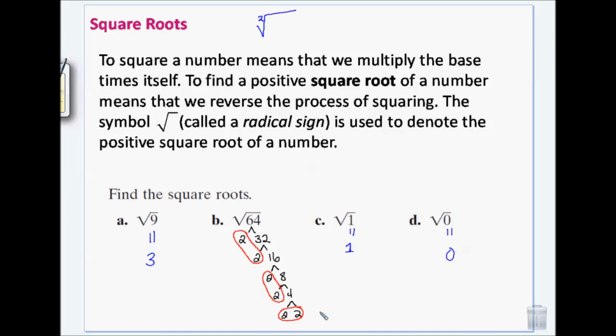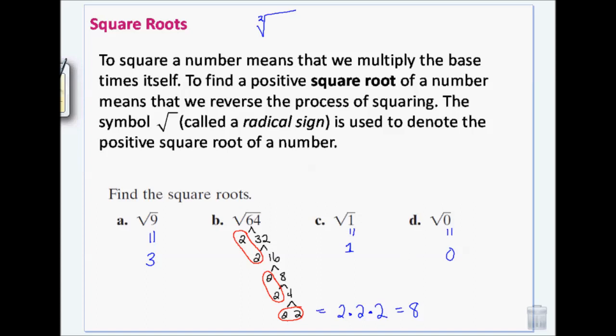So my answer is going to be 2 times 2 times 2. You take out 1 for each matching pair. So if you didn't know that the square root of 64 was 8, you can figure it out by splitting it all up, and then for each matching pair, you write down 1 and multiply them back together.